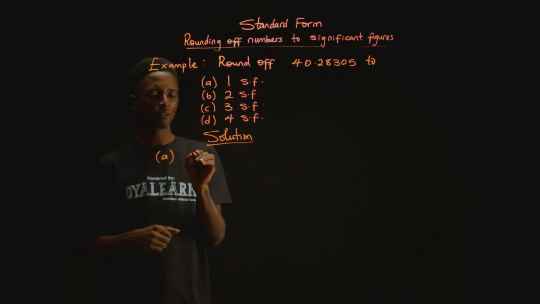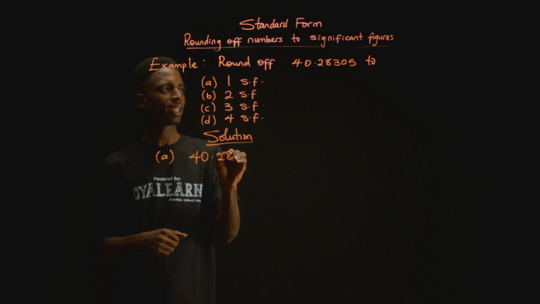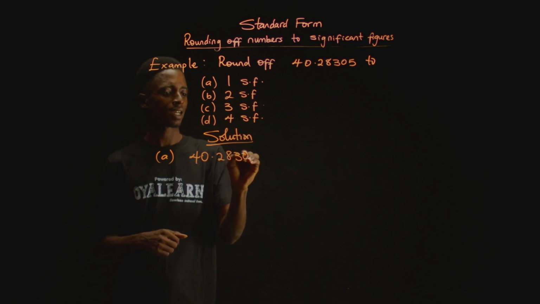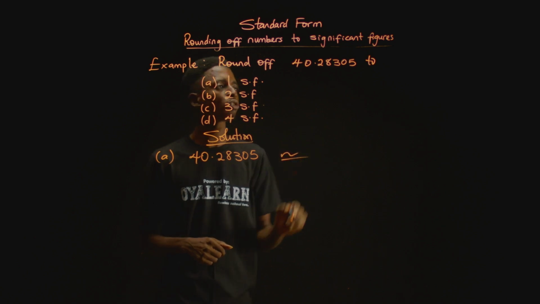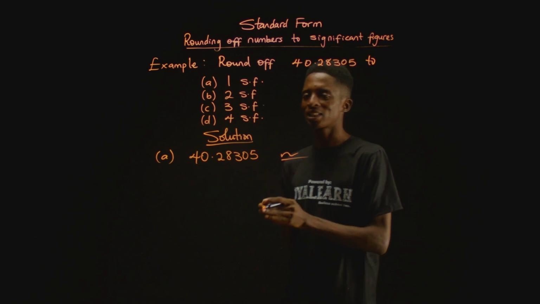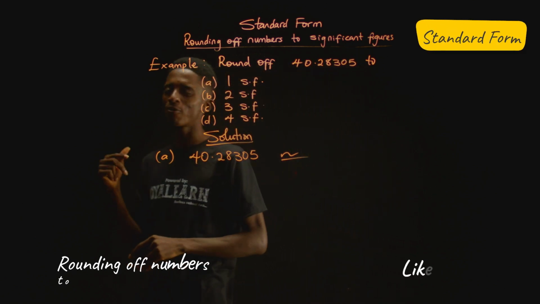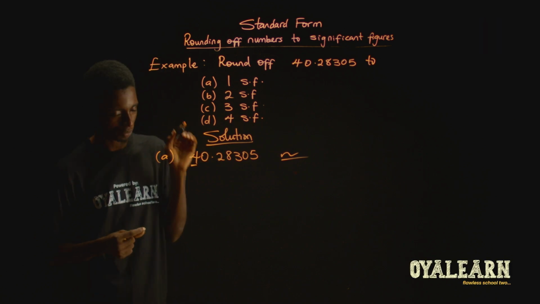A, we are rounding off 40.28305 to one significant figure. That is, we start from the left and identify the first non-zero, and that is digit 4.